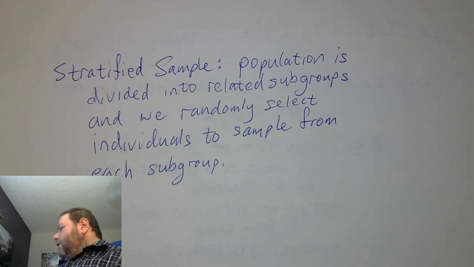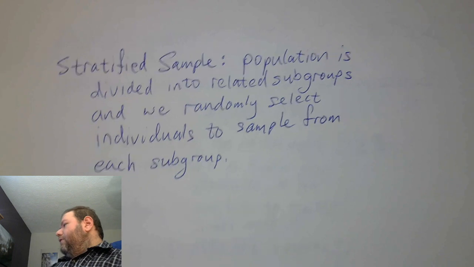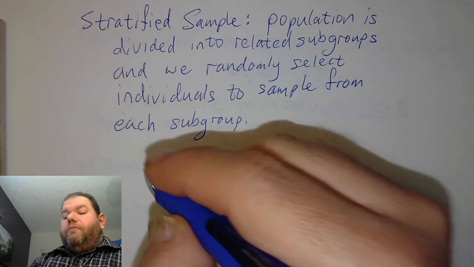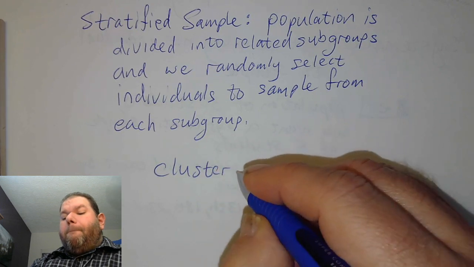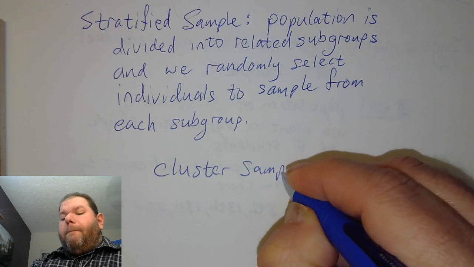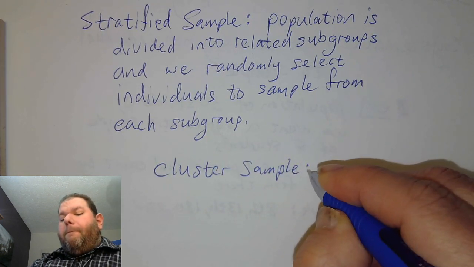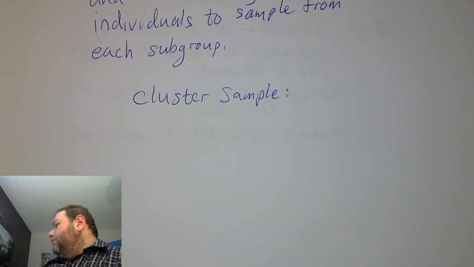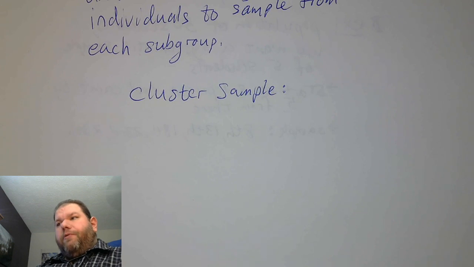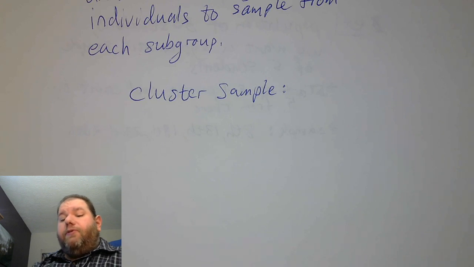Next we have cluster samples. So for a cluster sample, we again start off by breaking up the population into related subgroups.